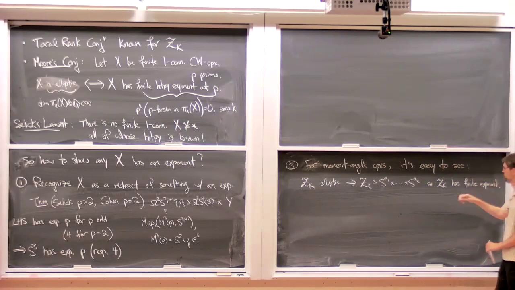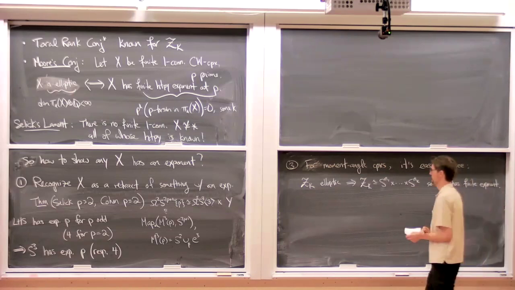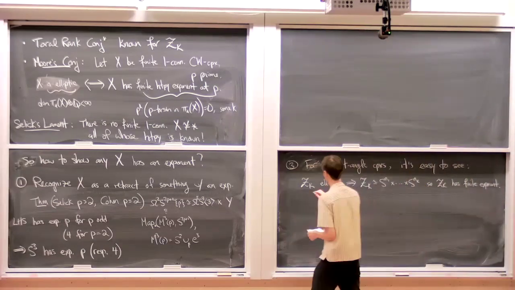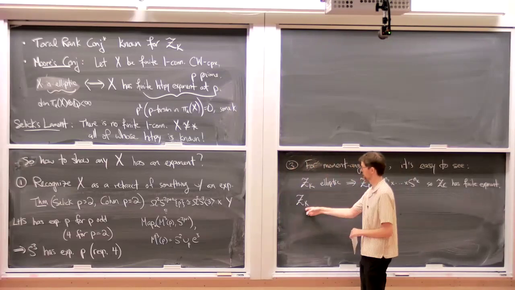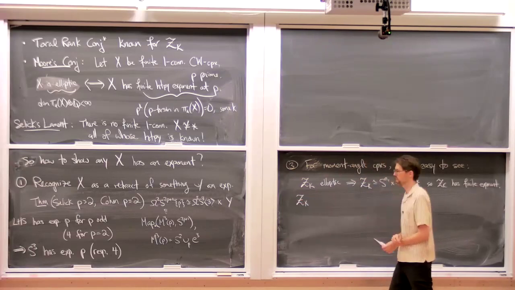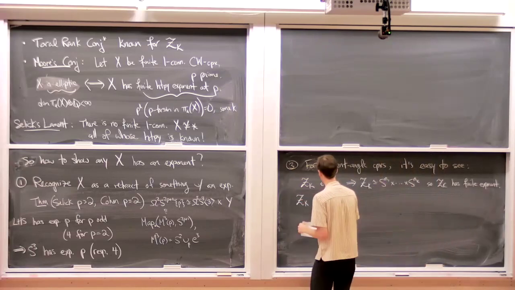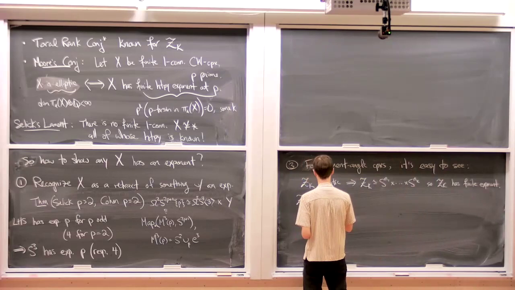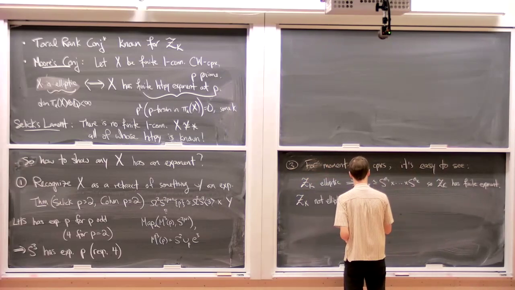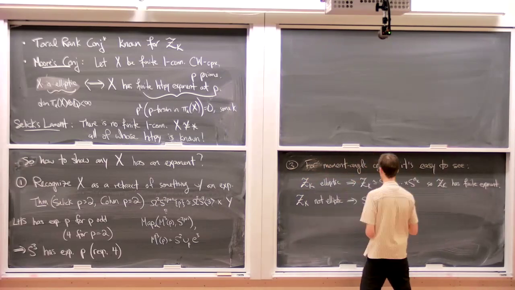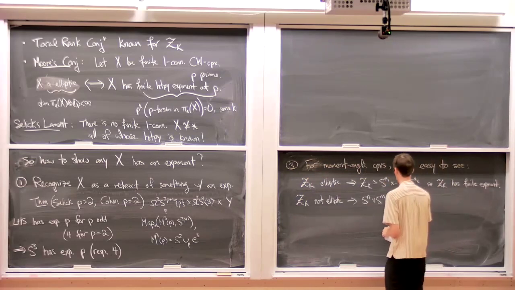So we know that such a space has an exponent from the results we just went over. And if you're not in that case, it's not so hard to see, basically just arguing from the combinatorics that give rise to this space, that if Z_K is hyperbolic, or not elliptic, then you'll get some wedge of spheres as a retract.